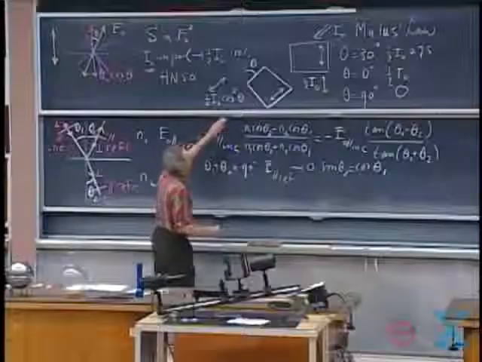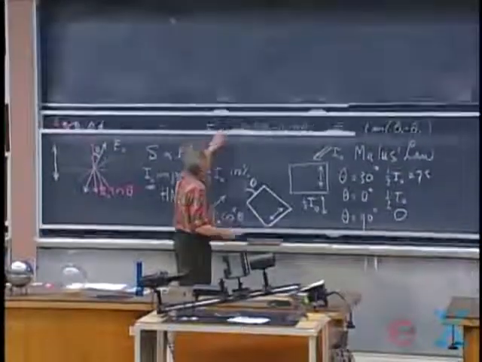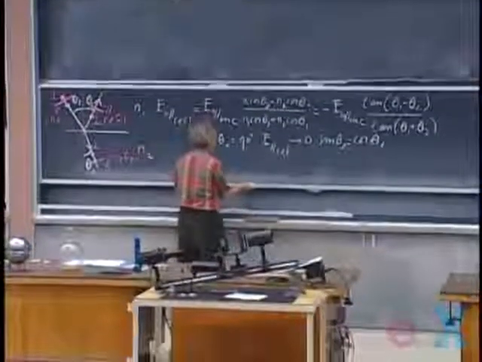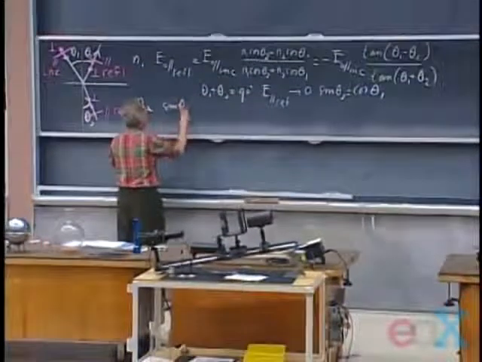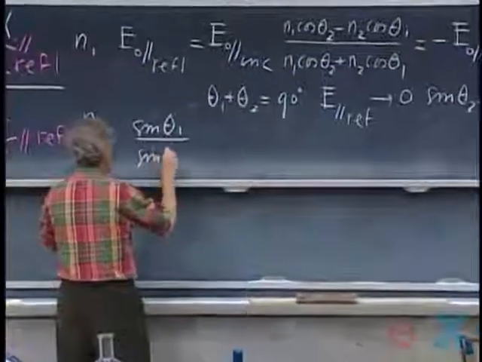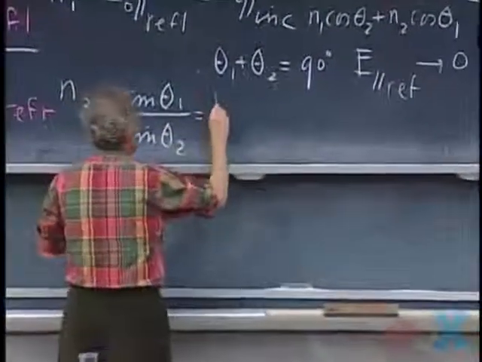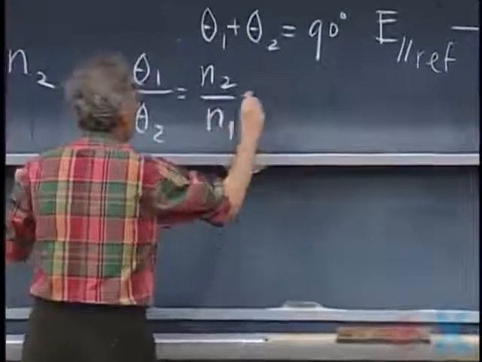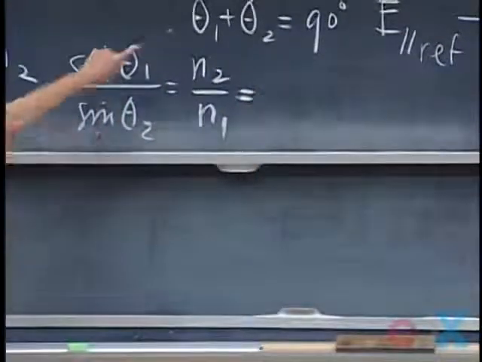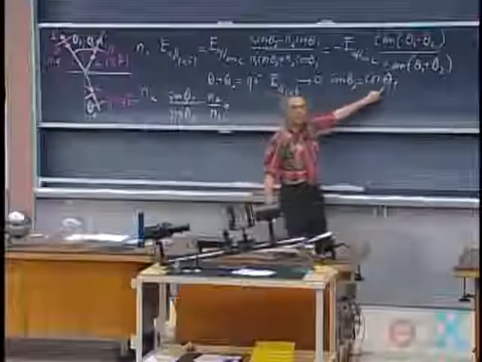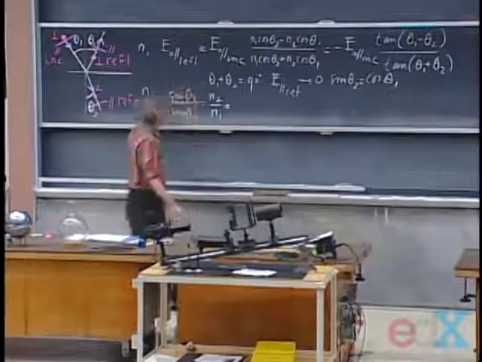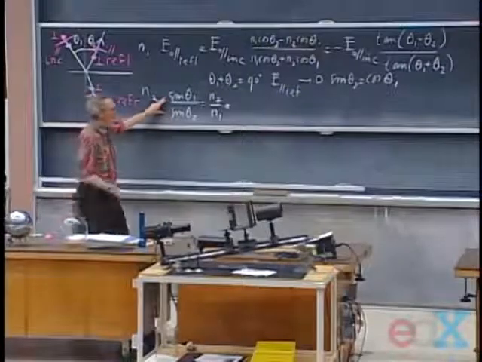And if now I remember Snell's law, which says that the sine of theta 1 divided by the sine of theta 2 is N2 divided by N1, I can replace, only for this special case, the sine of theta 2 by the cosine of theta 1. And so I get here now the tangent of theta 1.